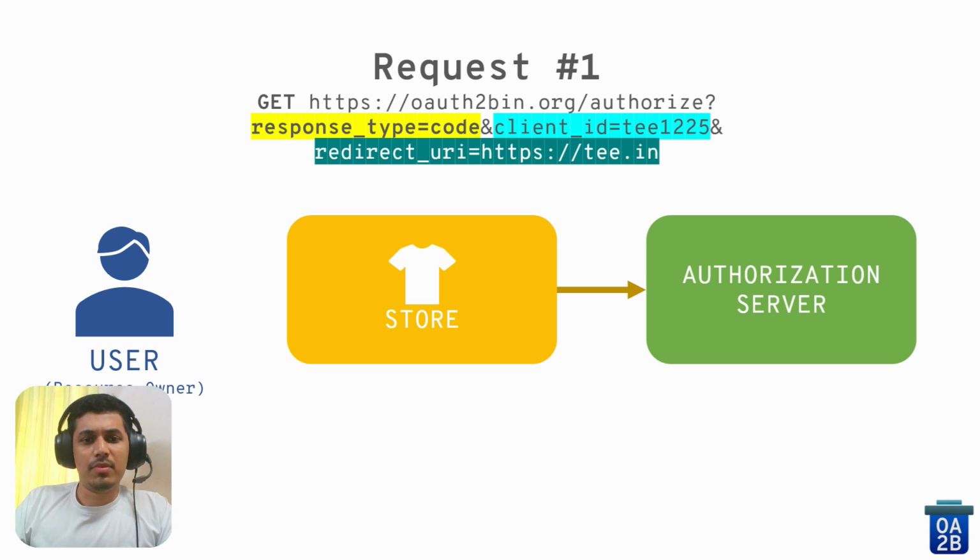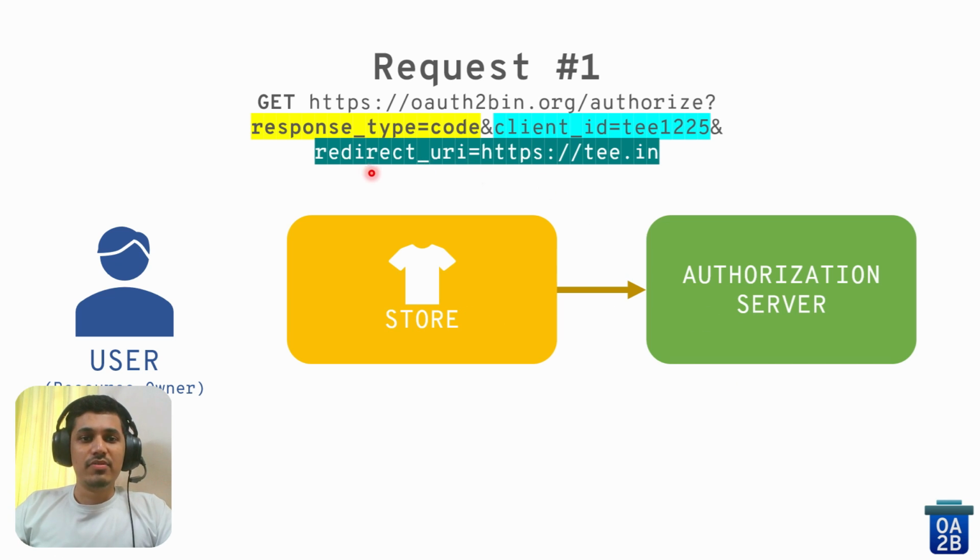They would have to develop that whole procedure, and therefore in our example, in order to sign in with Google, they would have to first sign up for this service themselves, and when they do that, Google would give them a unique identifier which is called the client ID, and so this would be unique to the t-shirt store. And this needs to be included in the request so that the authorization server can identify which OAuth client this request is coming from. We talked about OAuth clients in the previous video.